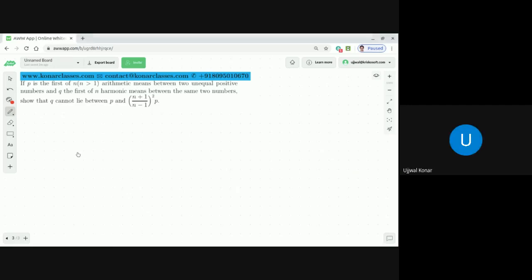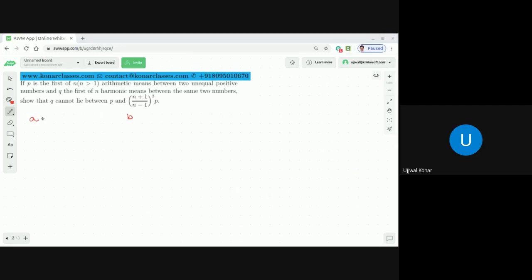If you recall, when we discussed arithmetic means, geometric means and harmonic means earlier, let me take these two unequal positive numbers A and B. And how many arithmetic means are we inserting between them?